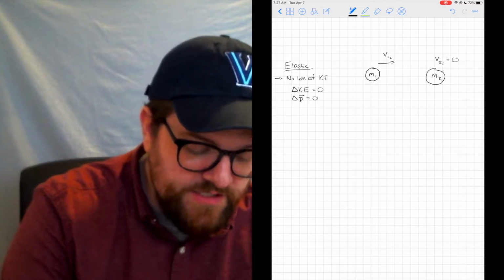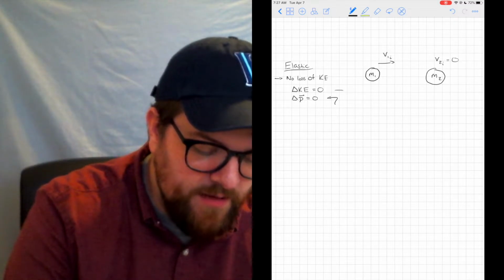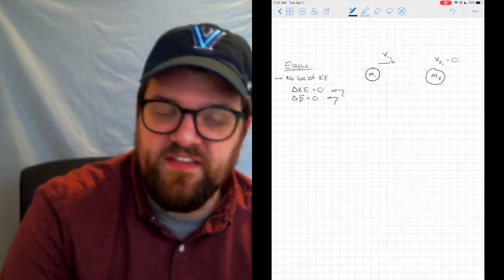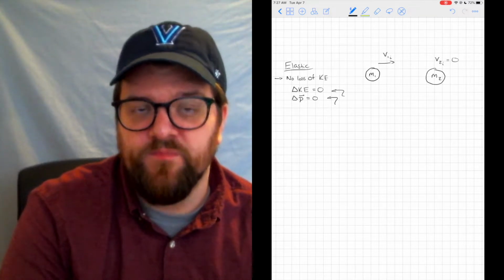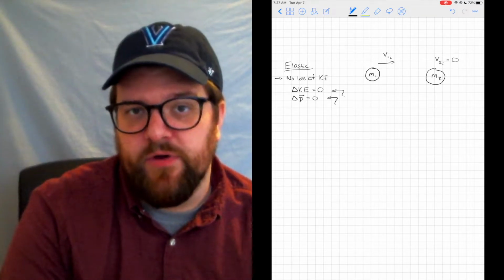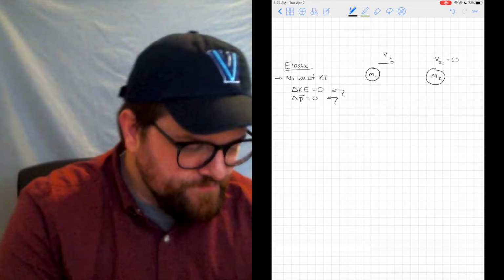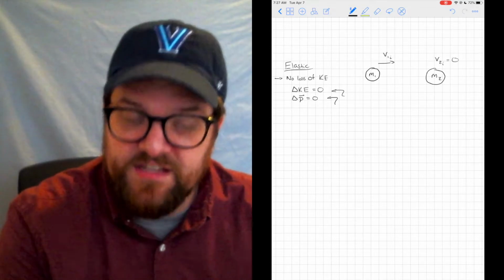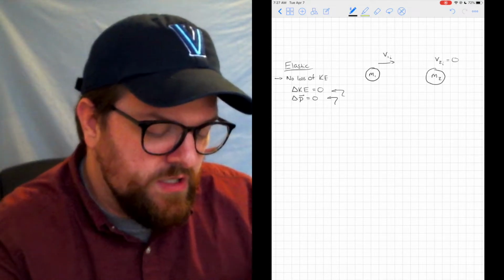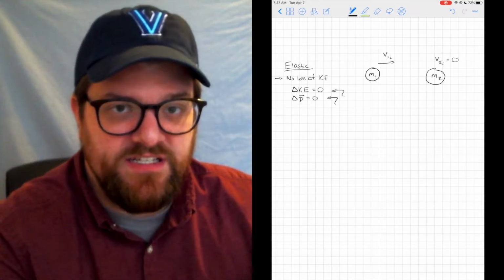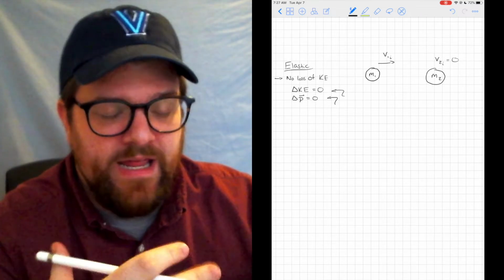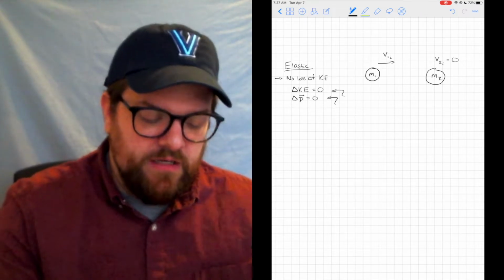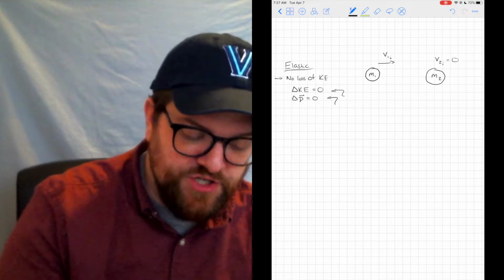Now, what we can do is set up our equations of delta KE equals 0 and delta P equals 0, substitute together, and with the constraint that the initial velocity of mass 2 is 0, we're able to simplify into a really nice expression.